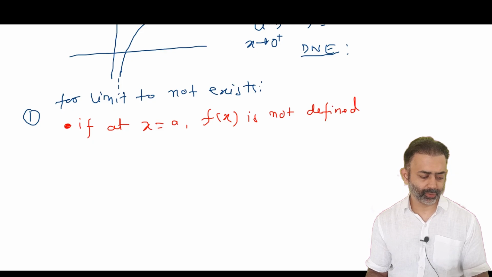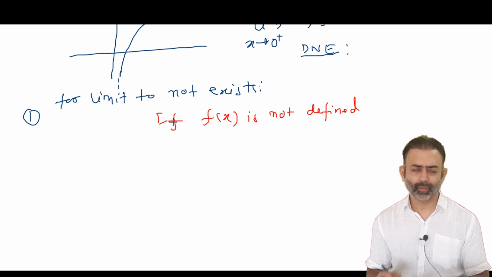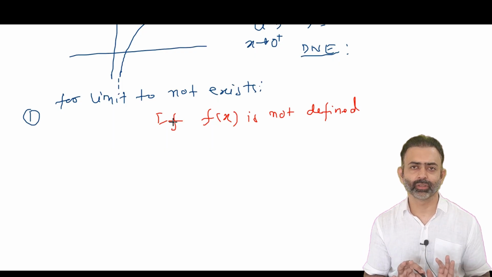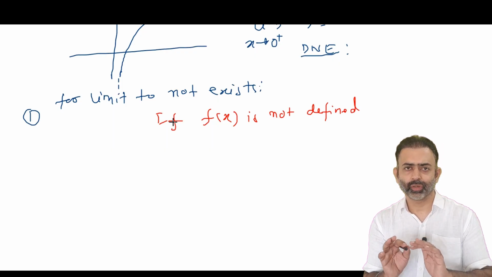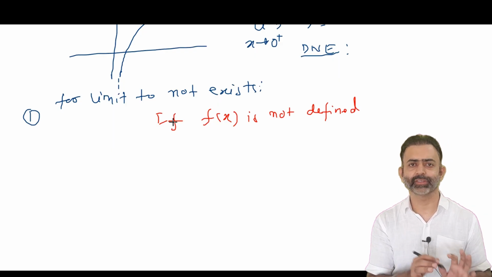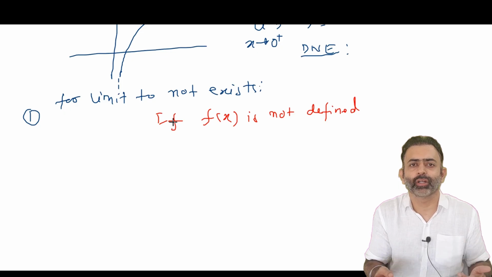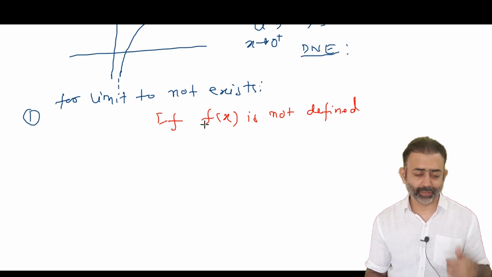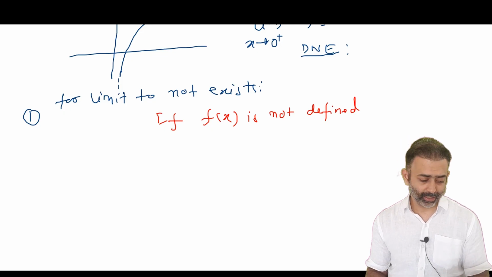Not at x equal to a, I should write that if only the function is not defined. It's not about that at x equal to a there must be a value of the function. If the function is not defined, meaning there is no portion of the function which exists, we are not in a position to say anything, right?